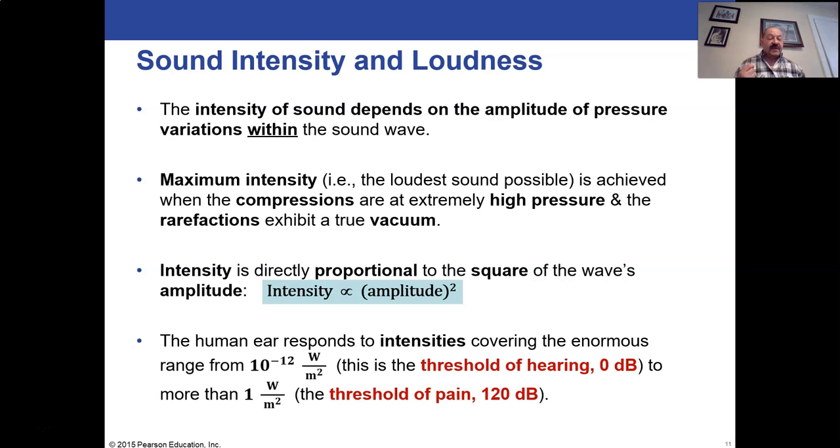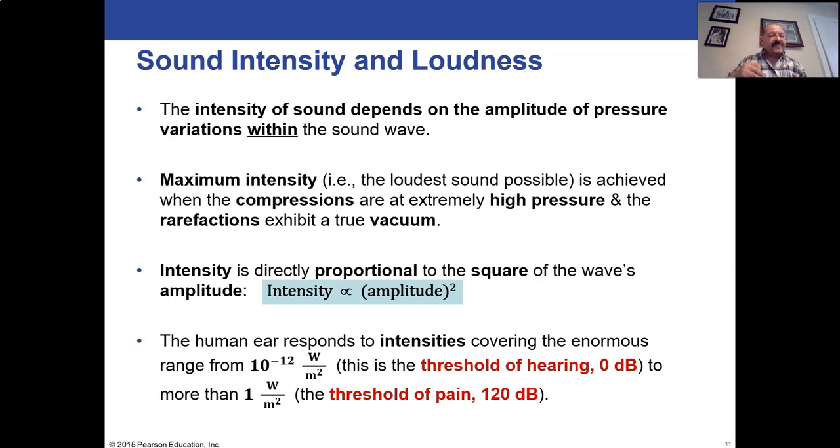So the human ear has a wide range of intensities that we're able to hear. The lowest intensity that a human ear can hear typically is 10 to the minus 12. That's 1/trillionth of a watt per square meter. That's an incredibly low amount of power for a box that is 1 meter by 1 meter of energy coming and hitting you every second.